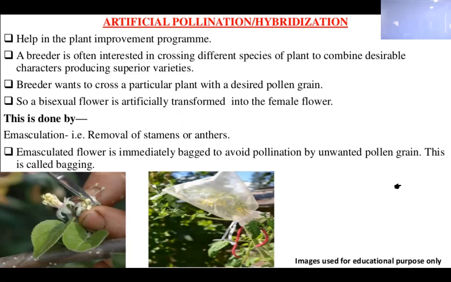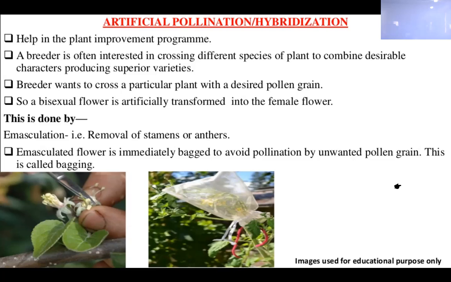Hybridization means, if you select two characteristics of two different plants, whatever you get in the next generation will carry characteristics of both the plants. That means a hybrid variety, we can say. So this can be achieved through man-made activities, or we can say artificial pollination. It helps in the plant improvement program.